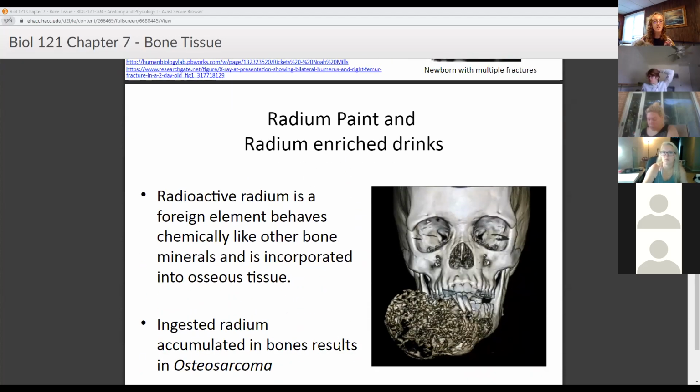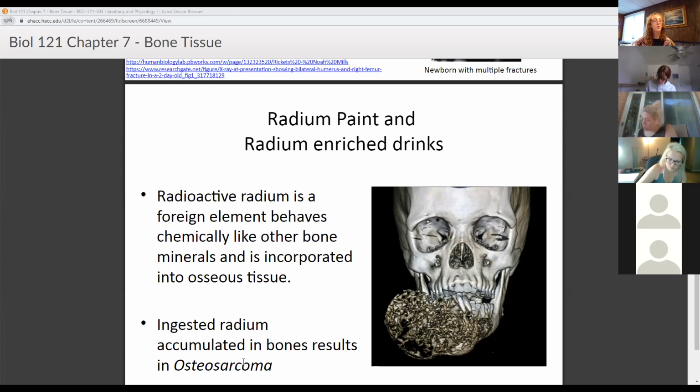Another interesting idea, and not really interesting, kind of sad. Before we realized how radioactive radium was, it was very much involved in osteogenic tumors, osteosarcomas, because radioactive isotopes act like the stable atom.